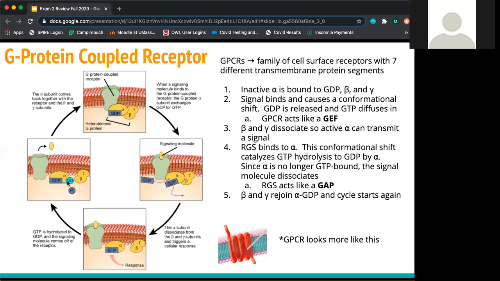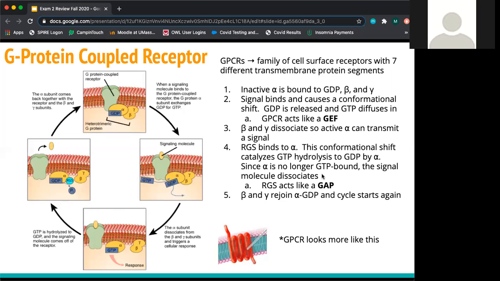So you have that transition from GTP to GDP. And then since alpha is no longer bound to GTP, the signal molecule is going to dissociate from the GPCR. So in that sense, your RGS acts like a GAP because it catalyzes the intrinsic activity of GTP hydrolysis.